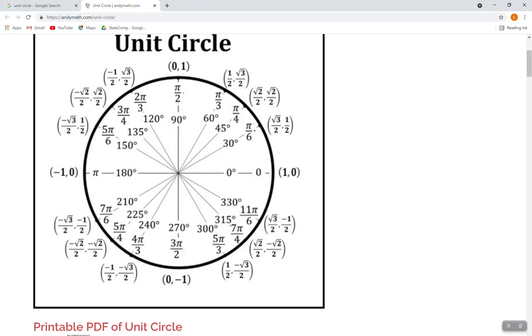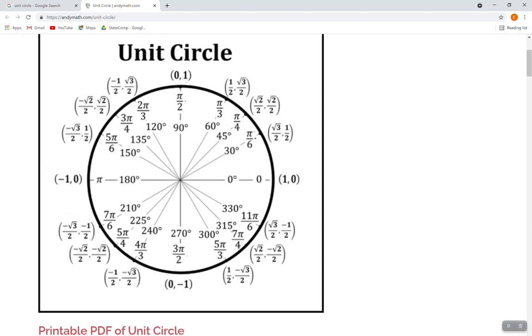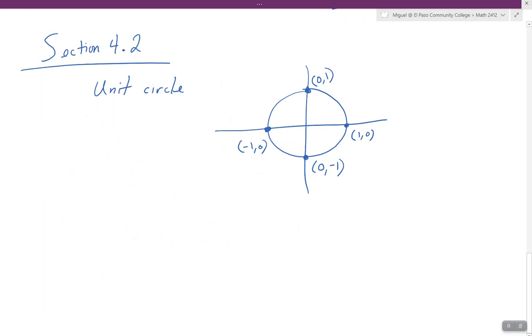So where this intersects the circle, this is that point on the grid. Does that make sense? So on the grid, we're still in the Cartesian plane. This point is that point. This point is that point. This point is that point, and so forth. Okay.